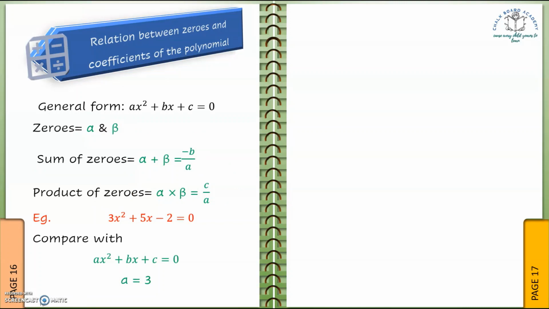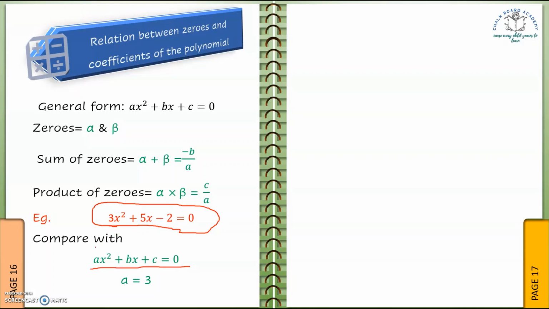So moving forward, let's have an example. We are taking this example here, and the equation is 3x square plus 5x minus 2 is equal to 0. Very first we are going to find out what a, b and c are, and thereafter we will find the zeros. So let's compare this equation with ax square plus bx plus c.